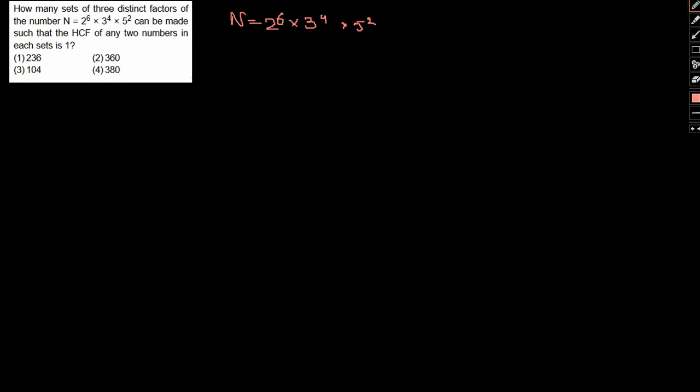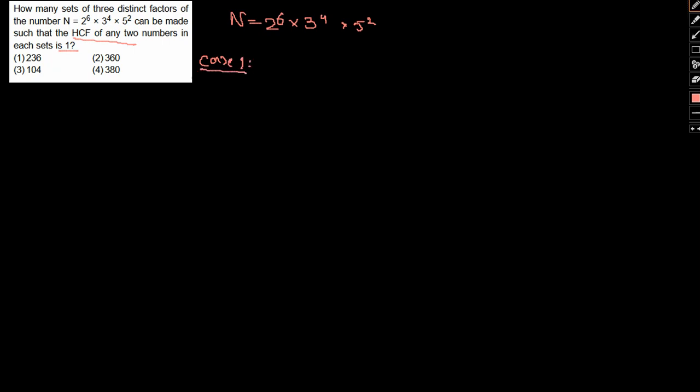Now it is given that the HCF of any two numbers in the set is 1. So here we will actually have two cases. In the first case, none of the numbers in the set is 1, and in another case, one of the numbers in the set is 1. So let's start off with case 1.